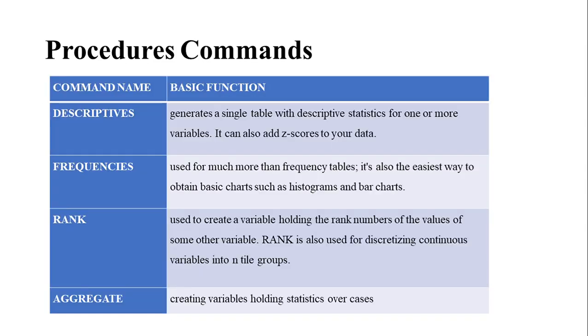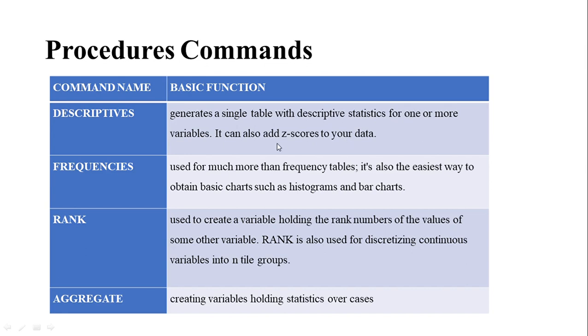Okay, so here is a list of the procedure commands. We have what are called descriptives, frequencies, rank, and aggregate. Descriptives generates a single table with descriptive statistics for one or more variables.